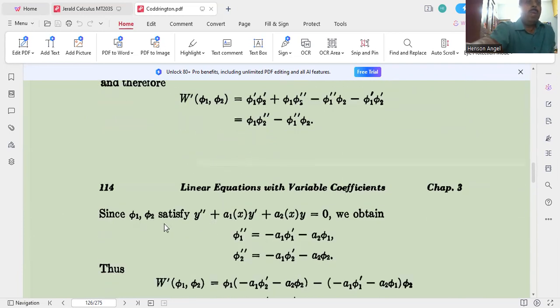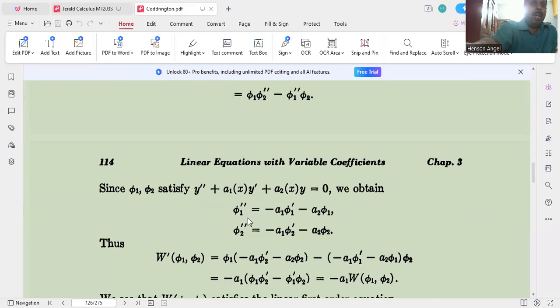Since φ1, φ2 satisfy this differential equation, we obtain φ1'' = −a1 φ1' − a2 φ1 and φ2'' = −a1 φ2' − a2 φ2.